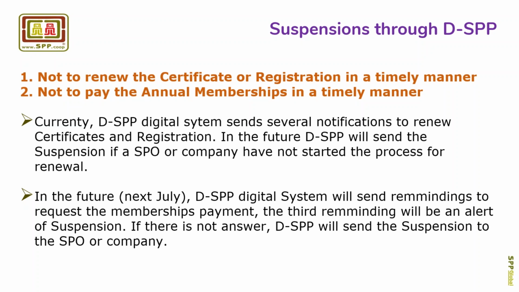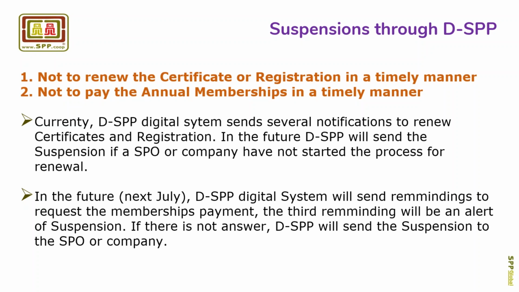But in the future, maybe at the beginning of July of this year, the SPP digital system will send the suspension to a small producer organization or to a company that have not started the process for renewal.